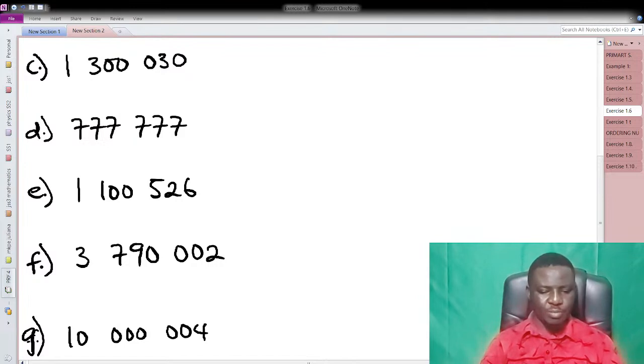But in question C, you are not to add 100 since the place value of 100 is 0, you are not to add plus 100 again. So these zeros are not necessary.